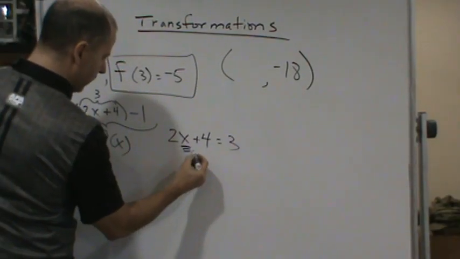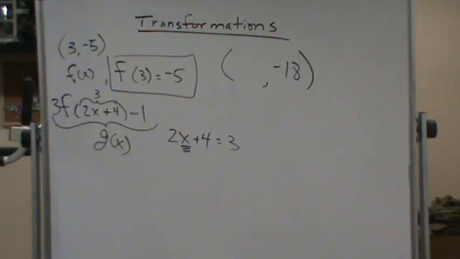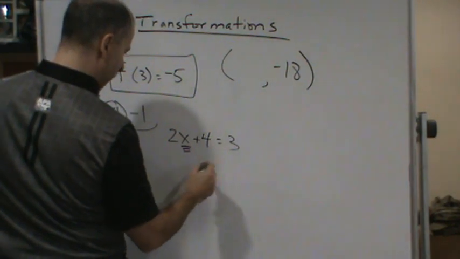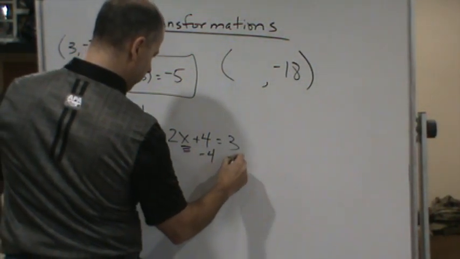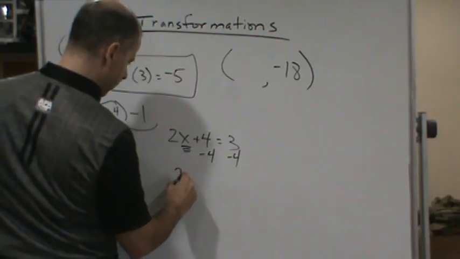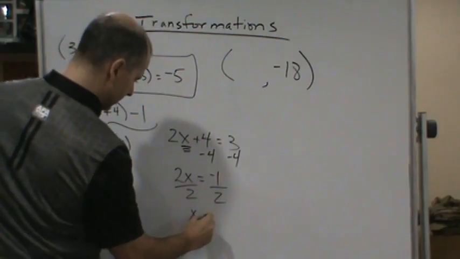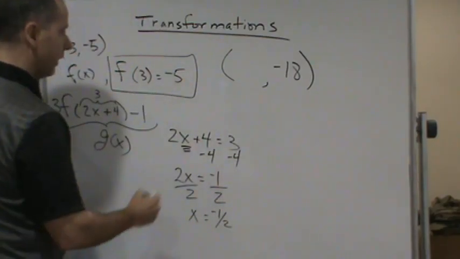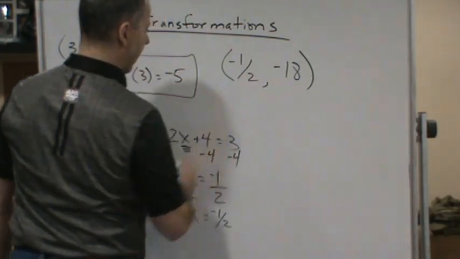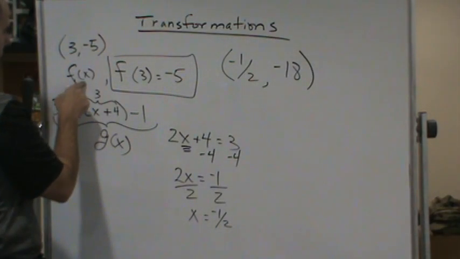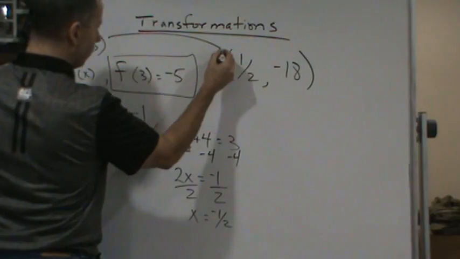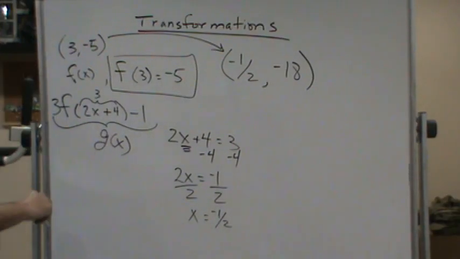And this x value is going to be where the point moves to. So now I'm just going to solve for x. I subtract 4, which gives me -1. So 2x equals -1. Now I divide by 2, and I get x equals -1/2. That's the answer. So -1/2. And so now, the point on f of x would move to this point for the transformed function g of x. And that's how you do it.